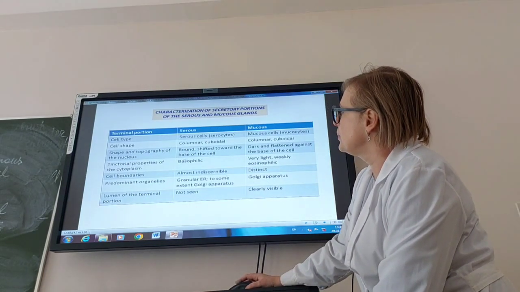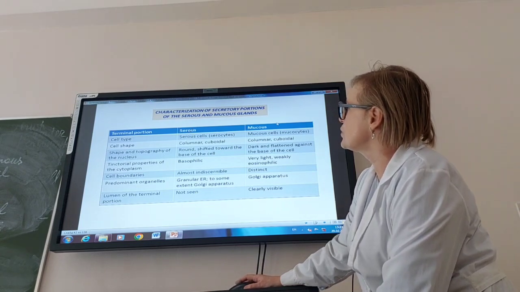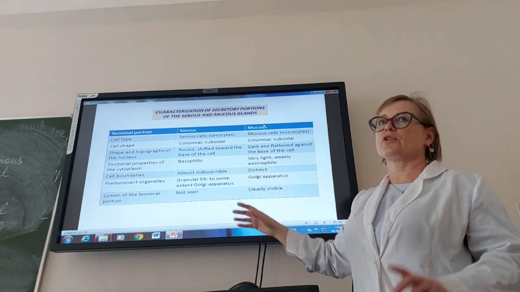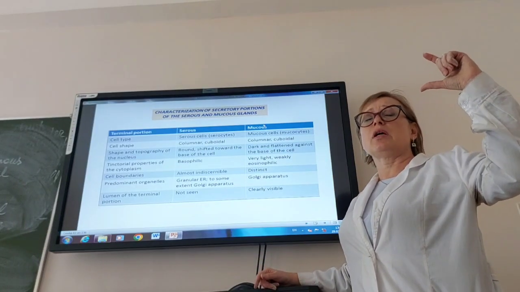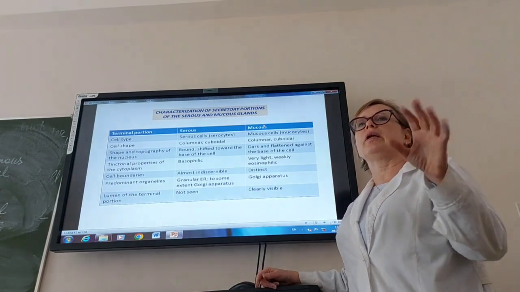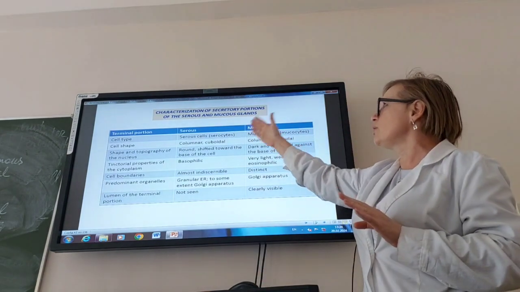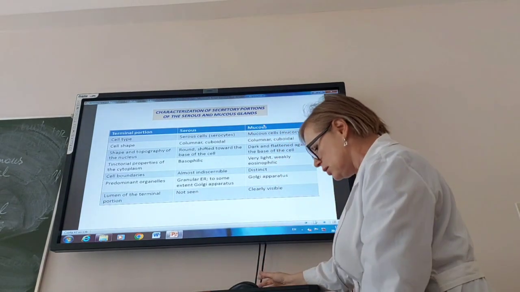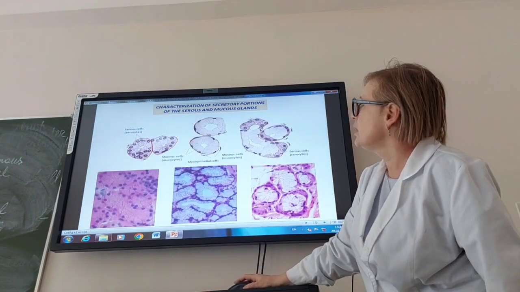These are the main characteristic differences between serous and mucus. We can see a lot, but remember three criteria: color of the cytoplasm, shape of the nucleus, position of the nucleus. Using these criteria, you can identify serous and mucus without any difficulties. Let's look.